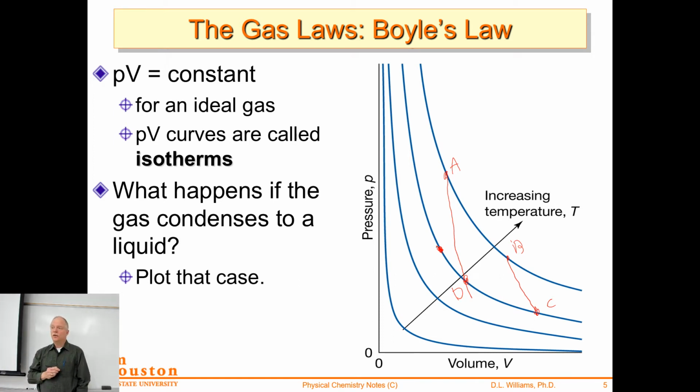So this would be the pressure of the gas above the liquid at a given temperature. And that's what we mean by vapor pressure. So this right here would become a constant. And over here, sometime later, it would hit the liquid phase volume, and then it would all be liquid.